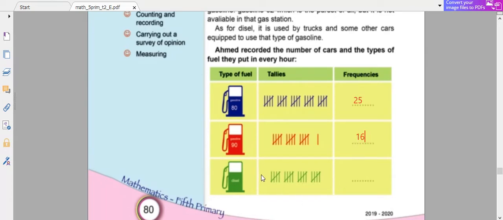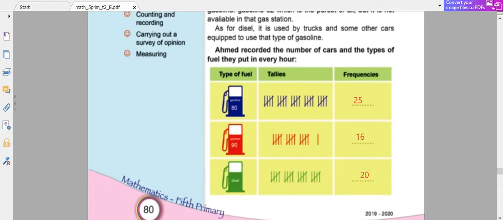Diesel, how many cars? Let's see the tallies. A group of 5, 5, 10, 15, 20. So we have diesel 20. That's how we translate or change from tallies to frequencies.